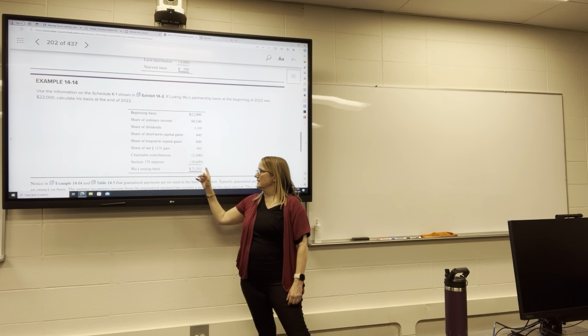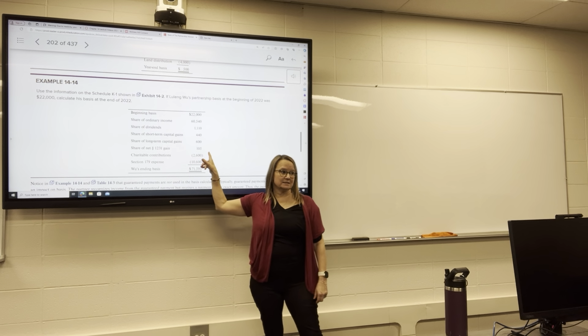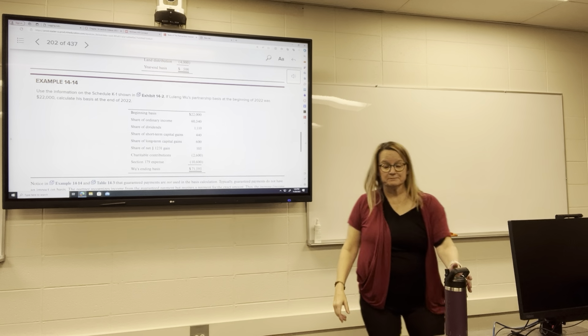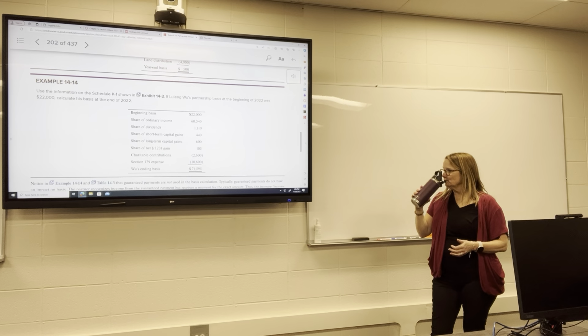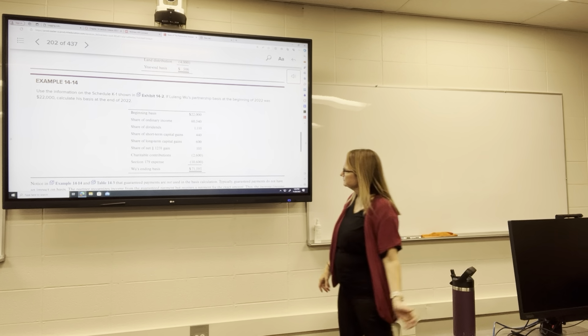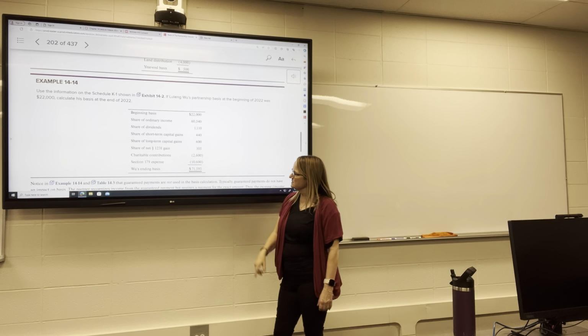Minus, okay, so box A was charitable contributions, $2,600. Again, it doesn't matter if they don't itemize, they're not even going to get a benefit from that, but it's still going to reduce their basis. And then the 179 expense means their ending basis is $71,595.